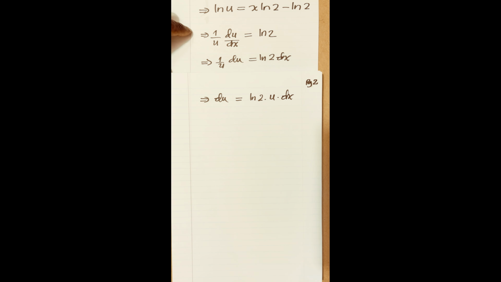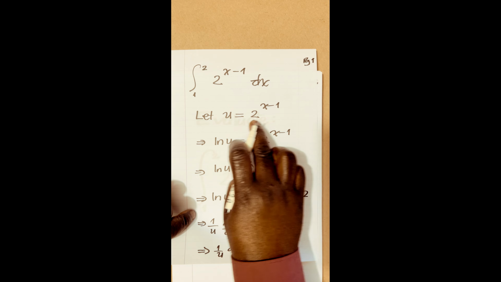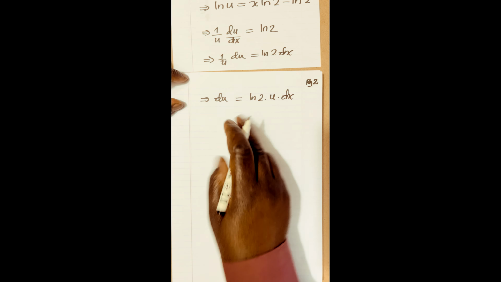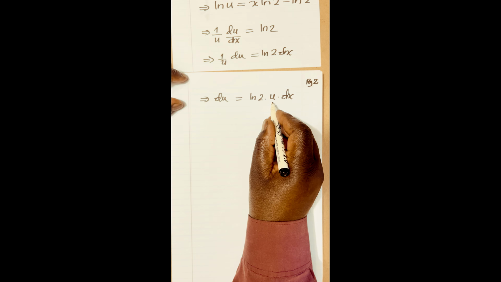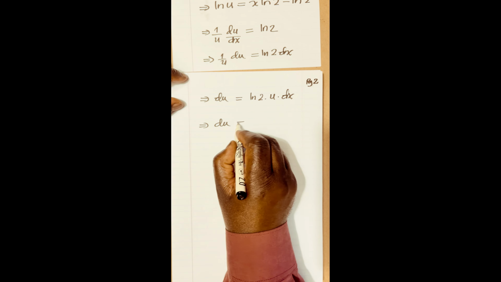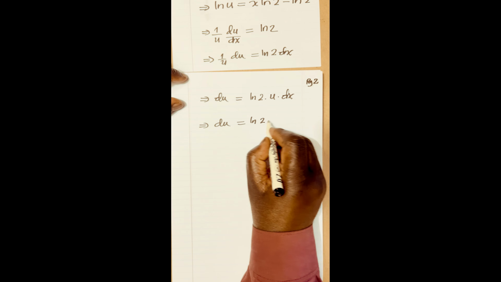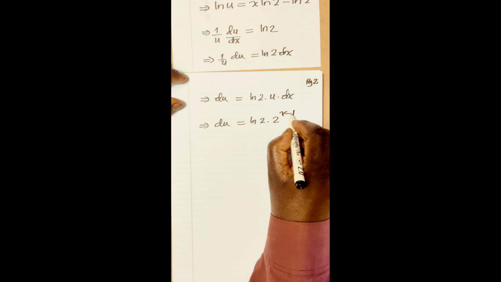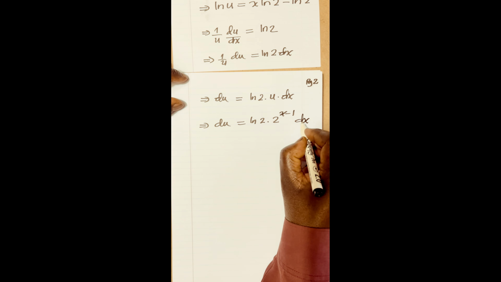But what is u? Well, if you look up here, u is just 2 to the power x minus 1. So I'm going to have to replace it with 2 to the power x minus 1. So what we have now is du is equal to natural log of 2 times 2 to the power x minus 1 dx.